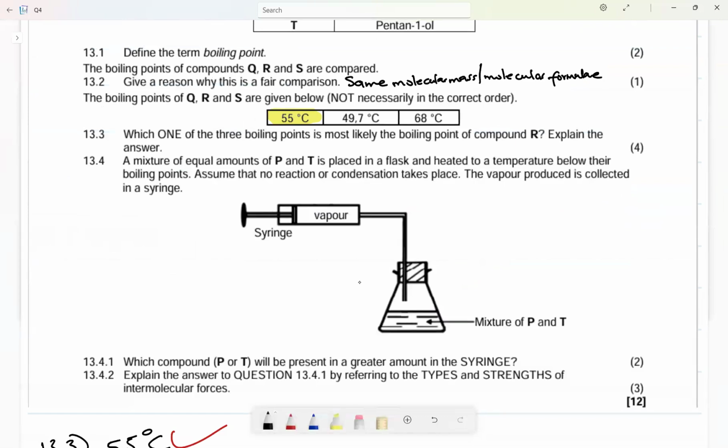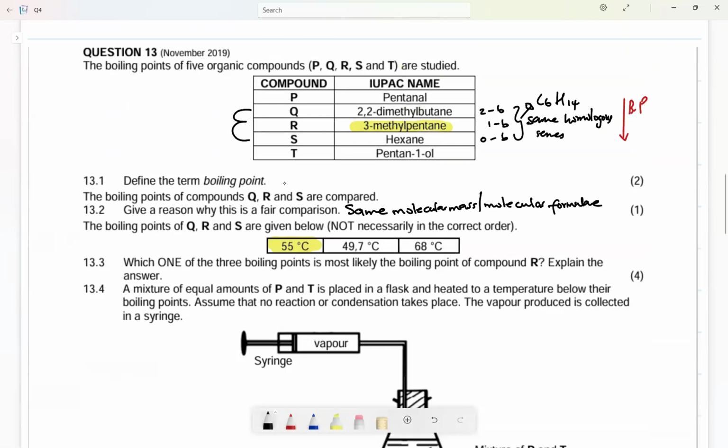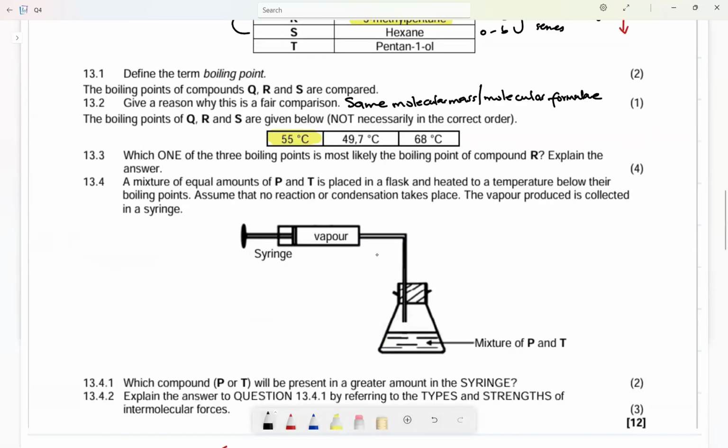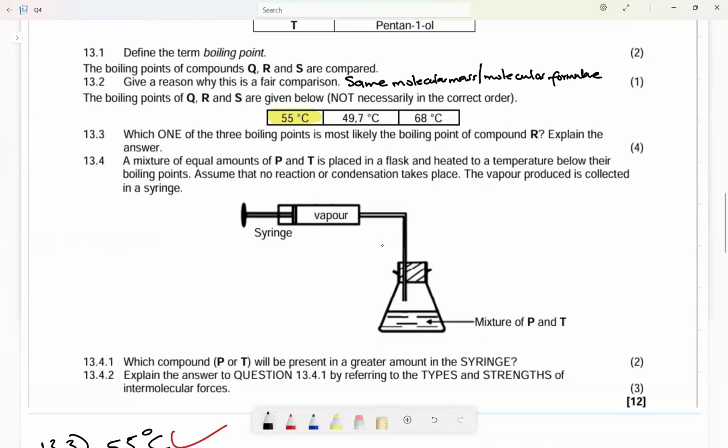Then they say a mixture of equal P and T, pentanal, is placed in a flask and heated to a temperature below their boiling points. Assume that no reaction or condensation takes place.